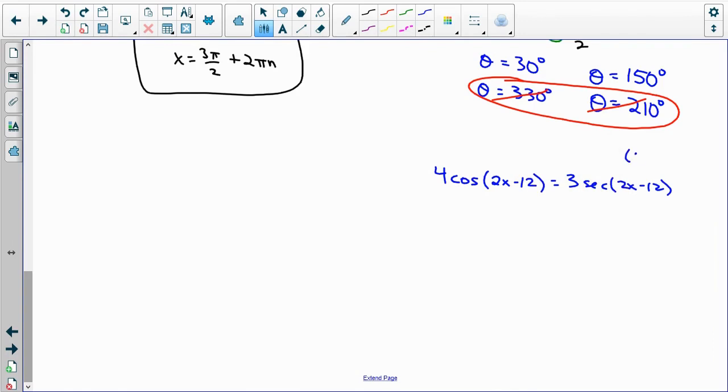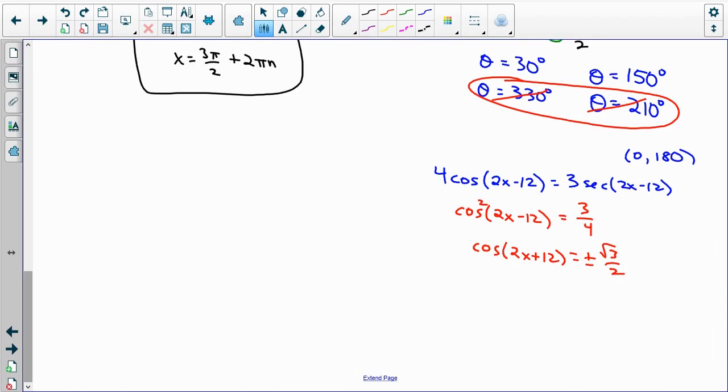And it's still between 0 and 180, non-inclusive. Well, if I change the problem slightly, I would still end up with the exact same situation. I have cosine squared of 2x minus 12 equals 3/4. I would end up with cosine of 2x plus 12 equals plus or minus root 3 over 2.